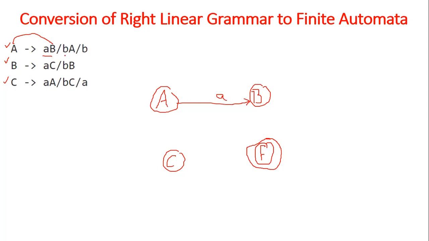The next one is A tends to bA, so you have to add a transition from A to A on input symbol b. And if you observe this, A tends to b, as it is a terminal string, so you have to add a transition from A to the final state on input symbol b.